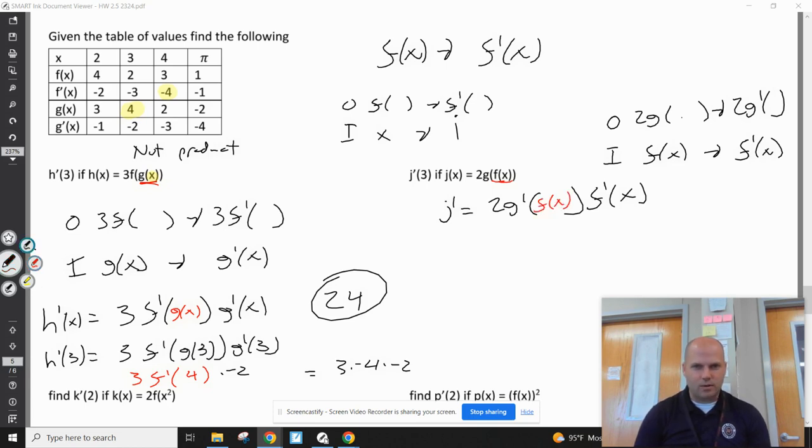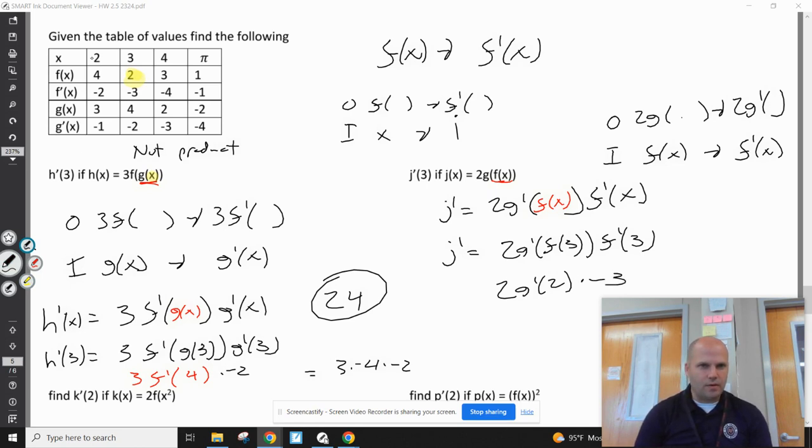Work inside out. J prime is 2G prime F of, we're plugging in 3, times F prime of 3. F of 3 is 2. F prime of 3 is negative 3.